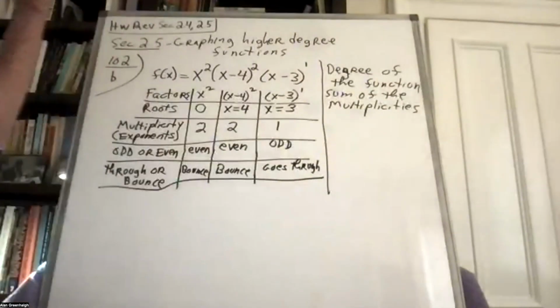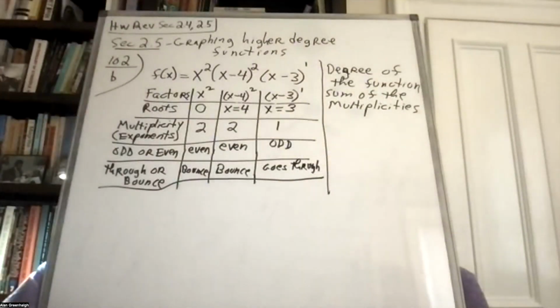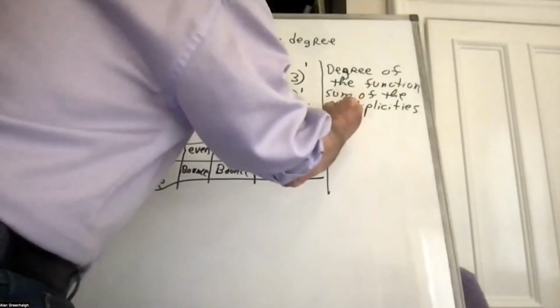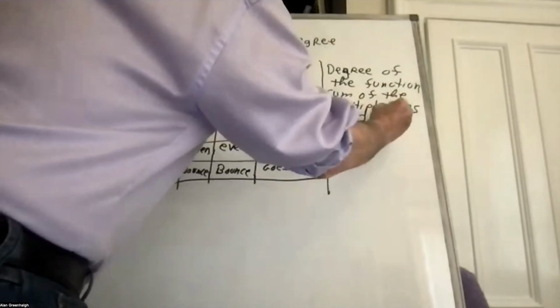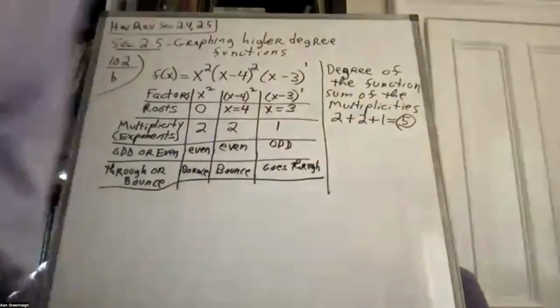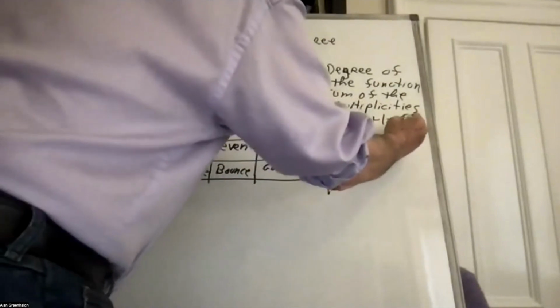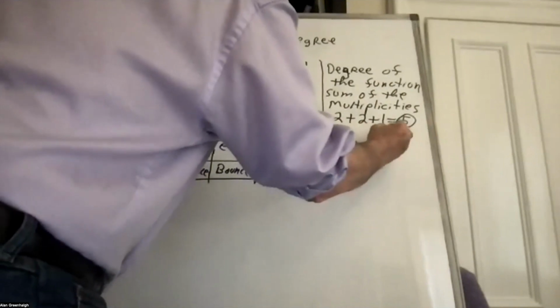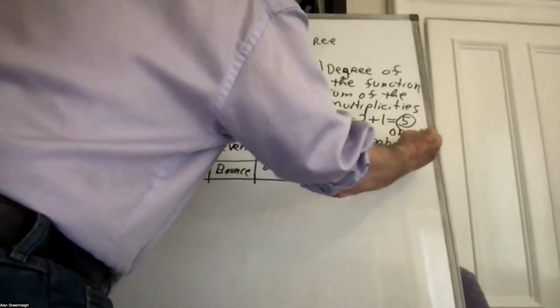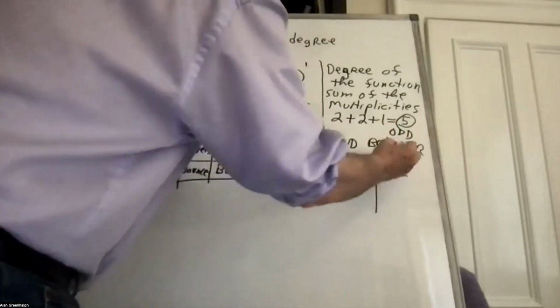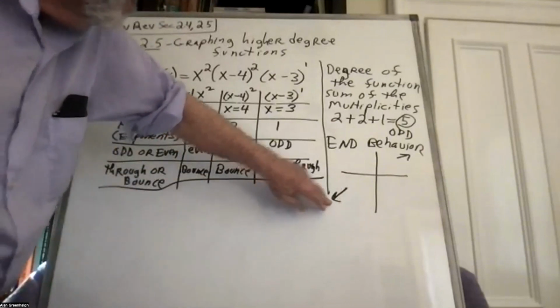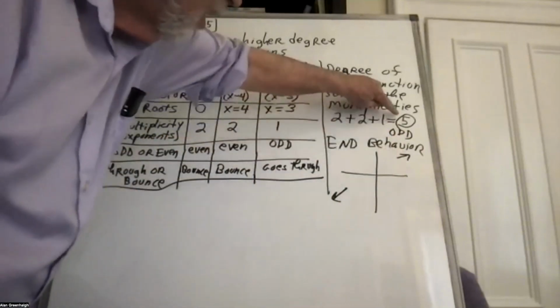Two plus 2 plus 1 equals 5. That's an odd number. Therefore, the end behavior of this graph is going to be here and here. In other words, it'll start here and end there. That's what an odd number means.